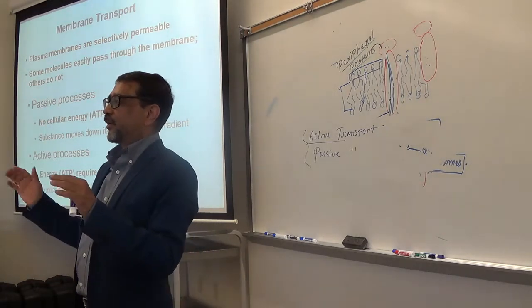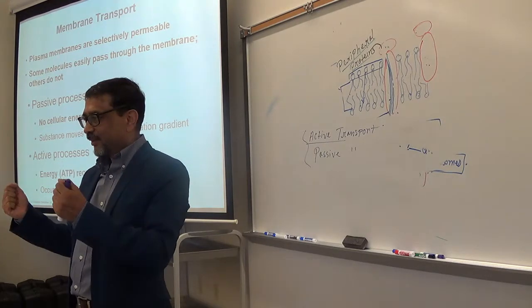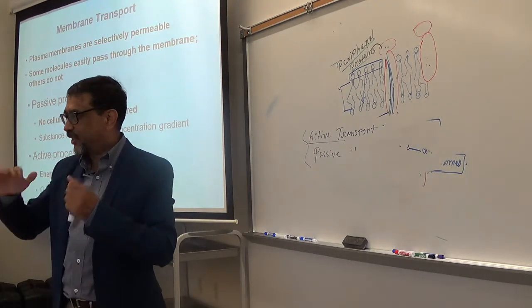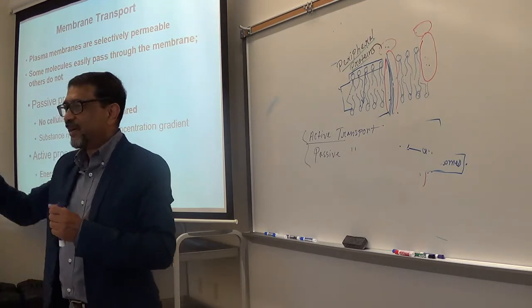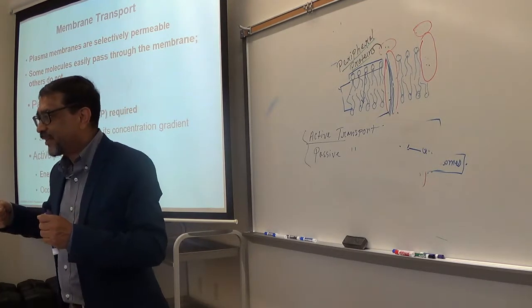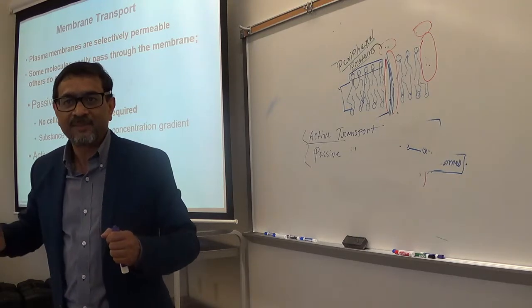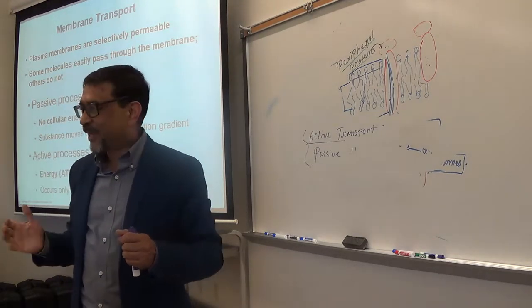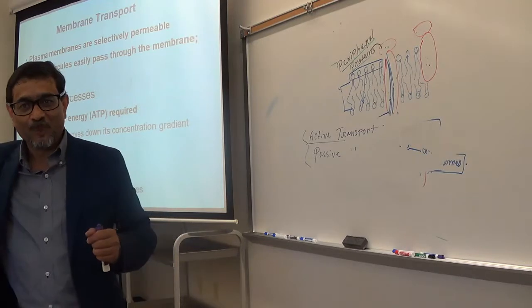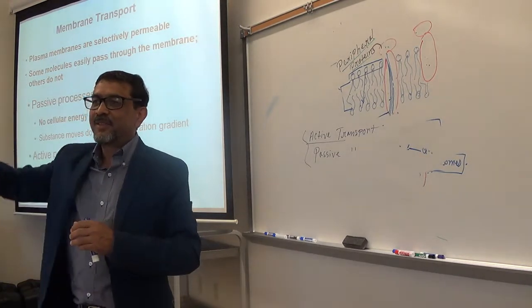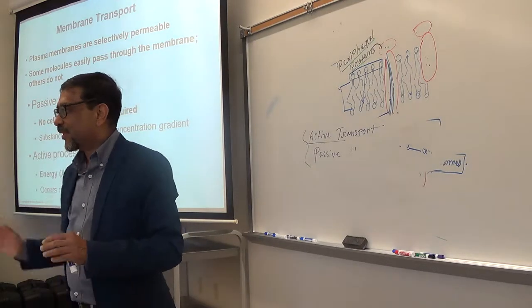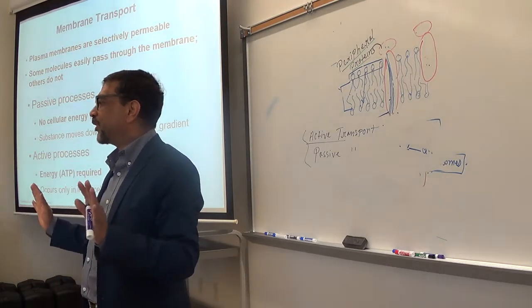Like, you are sitting on a boat, okay? And the current is against you. So if you want to cross the lake or river, you need to start the engine, right? That gives energy. So sometimes you need energy to move, right? Now, if the current is in your favor, then you may not need the engine, right?